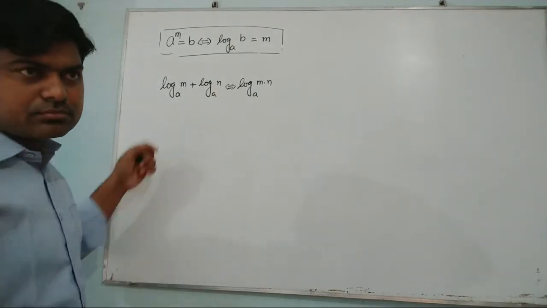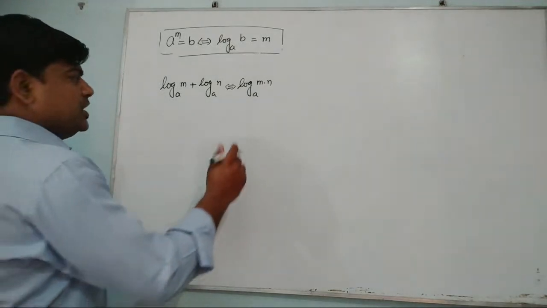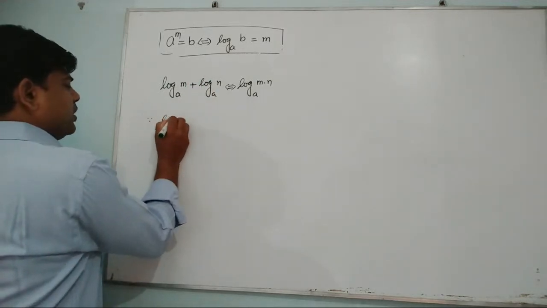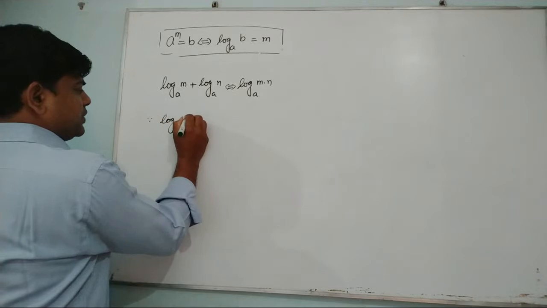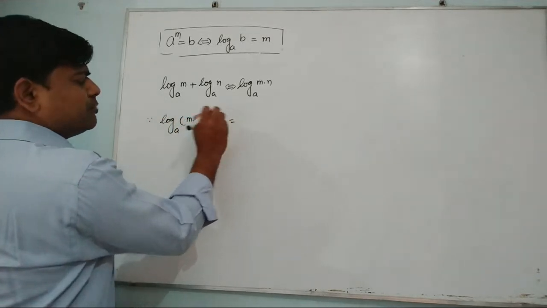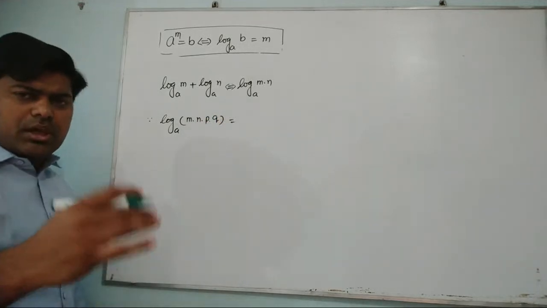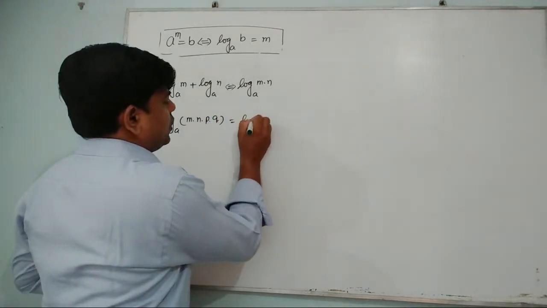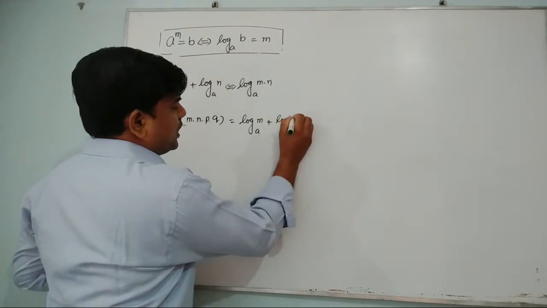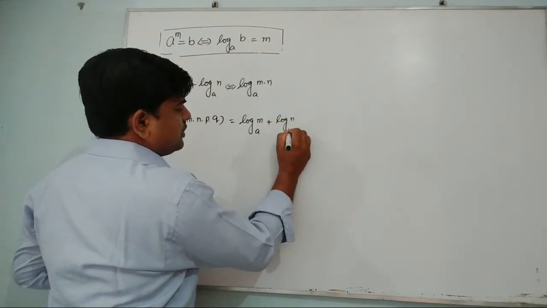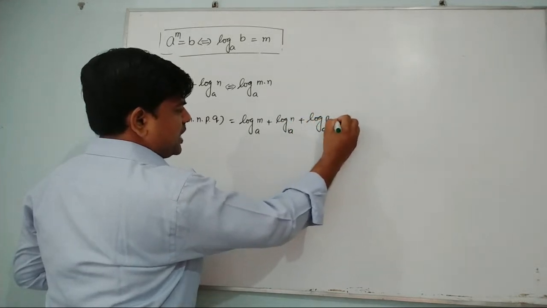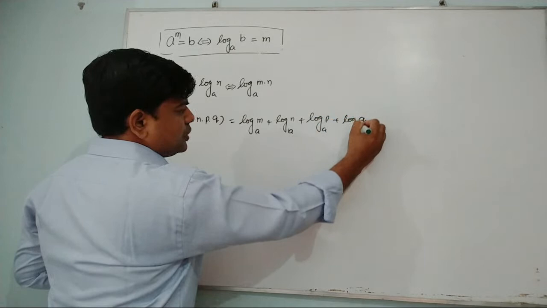Now you can see, if I have not only two numbers, suppose somewhere I have log base a of m n p q, many more, it can be written as log m base a plus log n base a plus log p base a plus log q base a.